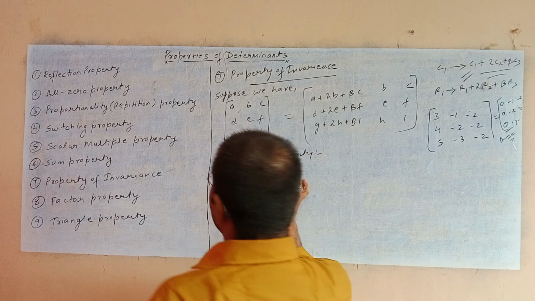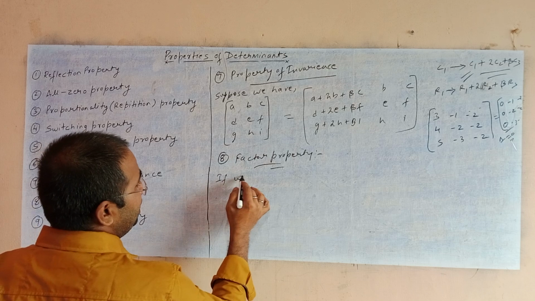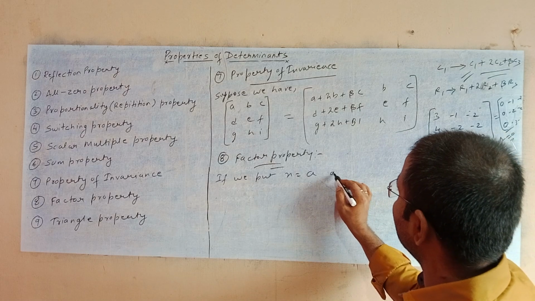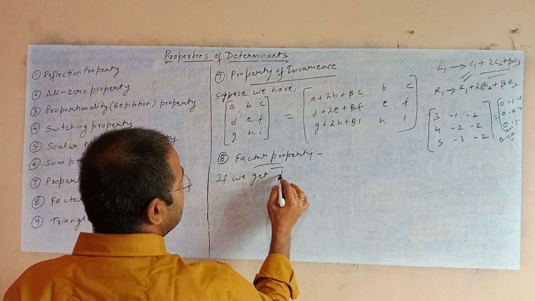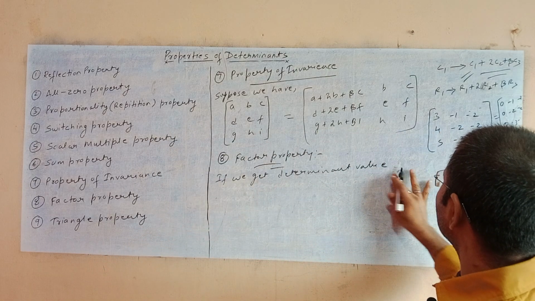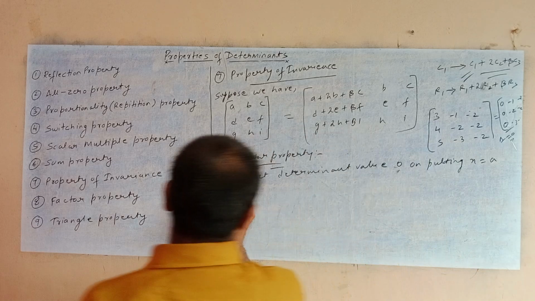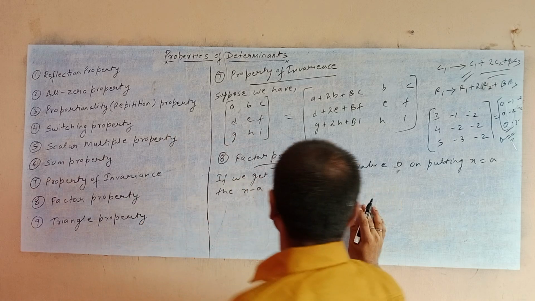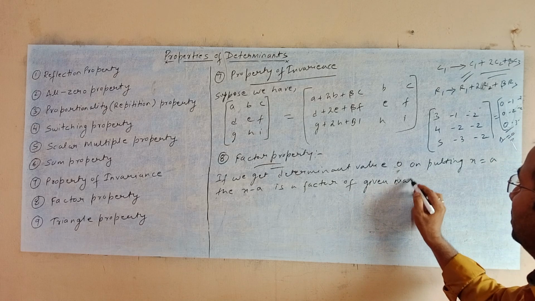Factor property means, suppose if we put x is equal to a and we get determinant value 0, then on putting x is equal to a, x minus a is a factor of the given matrix, you can say.